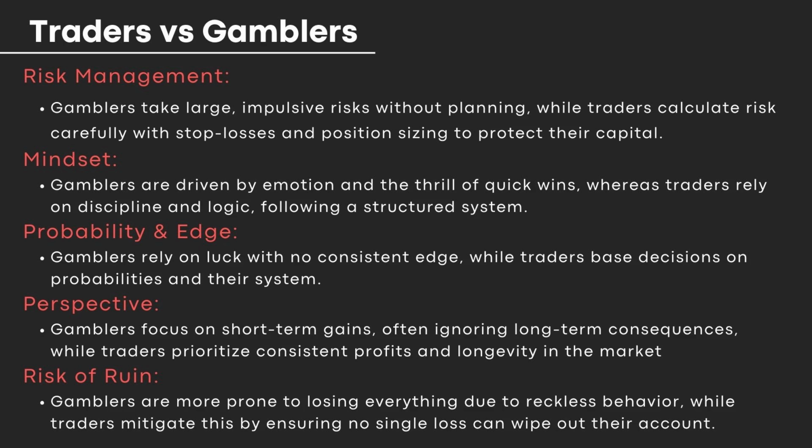So, at first glance, traders and gamblers might seem familiar, and everyone might relate traders with gamblers. But when you dig deeper into their thought processes and the way each of them conducts themselves in different situations, you'll notice major differences. It's clear that trading is all about strategy and survival, while gambling is just hoping for the best.